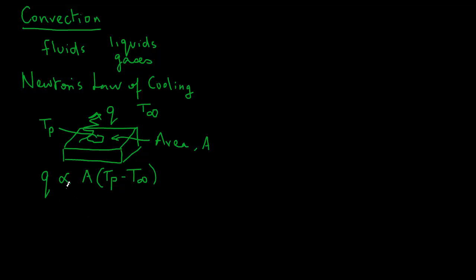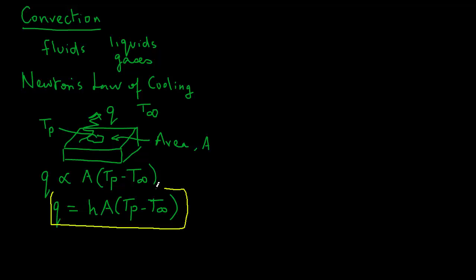And if we remove this proportionality symbol, we can write Q equals, and we will need to introduce a constant which we call H, times area times Tp minus T infinity. So this is a rather simple equation that allows us to determine rate of heat transfer from this metal plate into air if there is a temperature gradient between the plate surface and the air.